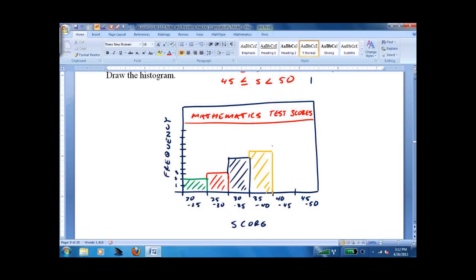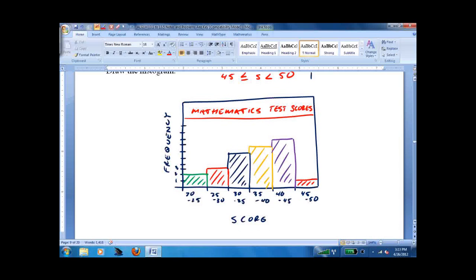Next one goes up to 8. Last one is just 1. There's your histogram. Made it a lot more colorful and detail-oriented than you needed to, but you're just trying to represent data.